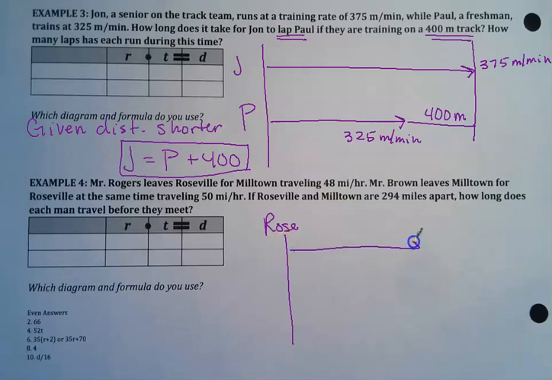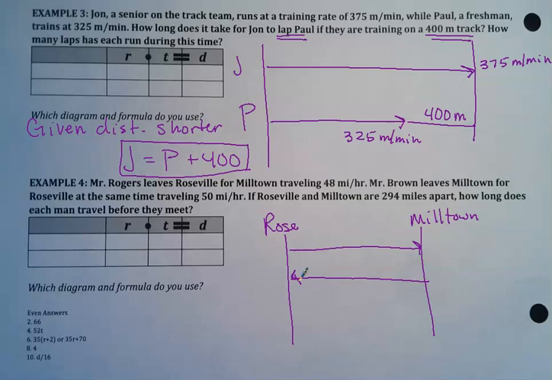So he's going to Milltown. All right, but in Milltown, we've got Mr. Brown leaving Milltown for Roseville. Okay, so what's happening there?